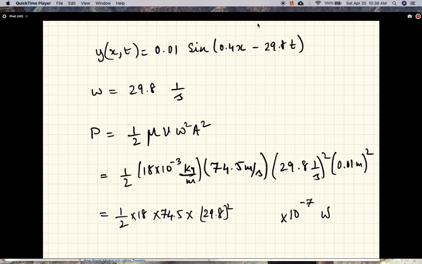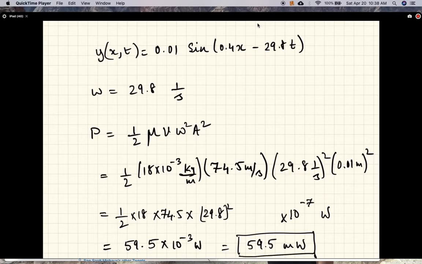So this works out to 59.5 milliwatts. Okay, so that does that problem.